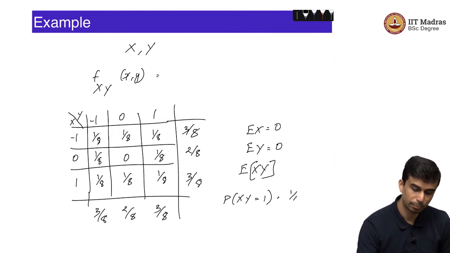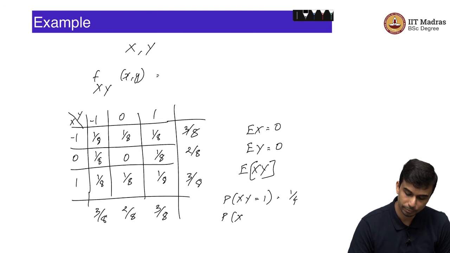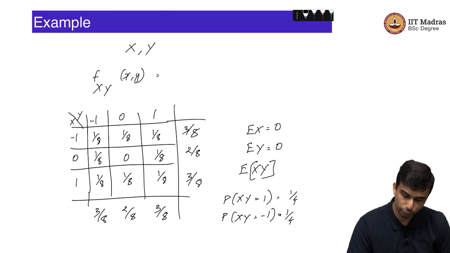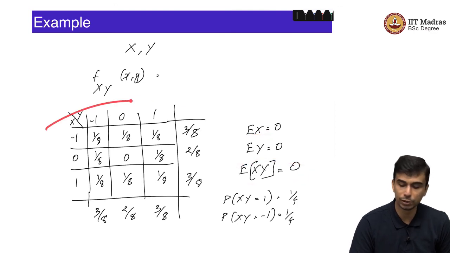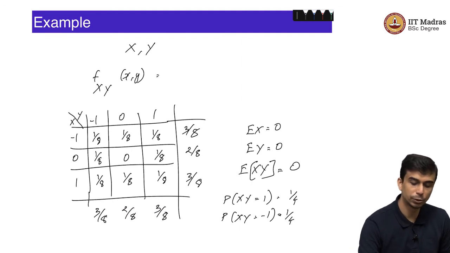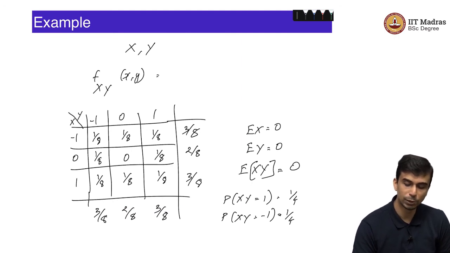Similarly, the probability of XY equal to -1 is 1 by 4, and the probability of XY equal to 0 is half. So clearly E[XY] is also equal to 0. So E[X] equal to 0, E[Y] equal to 0, and E[XY] is also equal to 0.